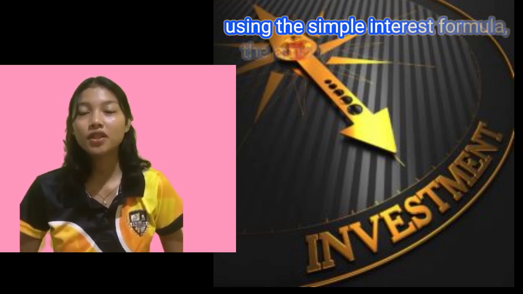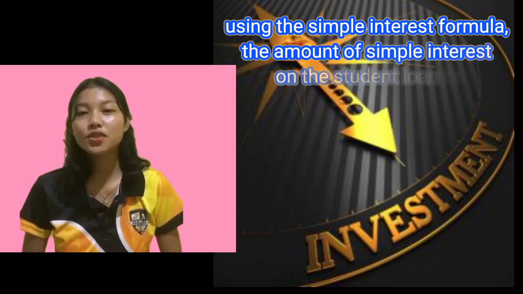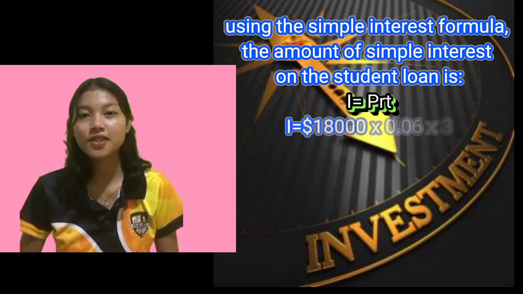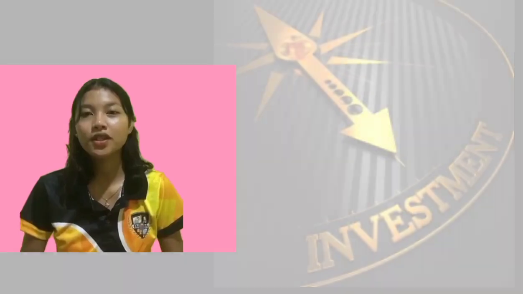Using the simple interest formula above, the amount of simple interest on the student loan is $18,000 times 0.06 times 3, which equals $3,240. That is the $18,000 loan amount, the principal, times 0.06, the interest rate, times 3 for 3 years.